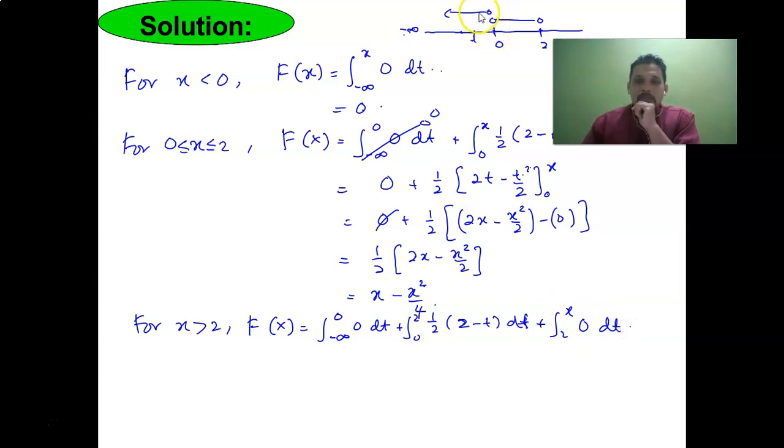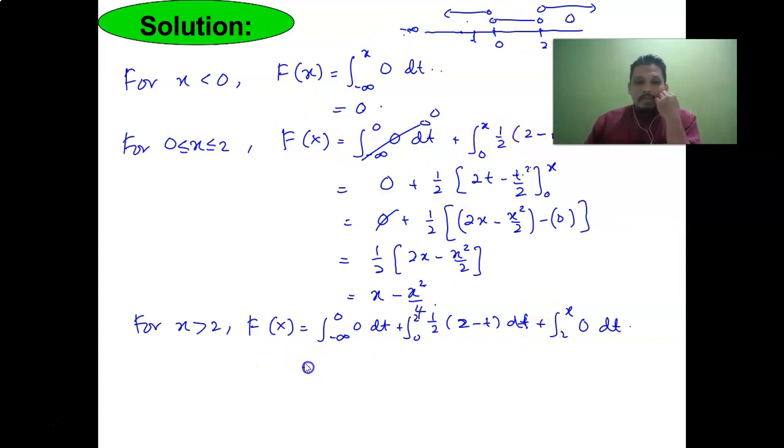In this domain, less than 0 and greater than 2, the function is 0. There's only the domain between 0 and 2 where the function is half of (2 minus x).